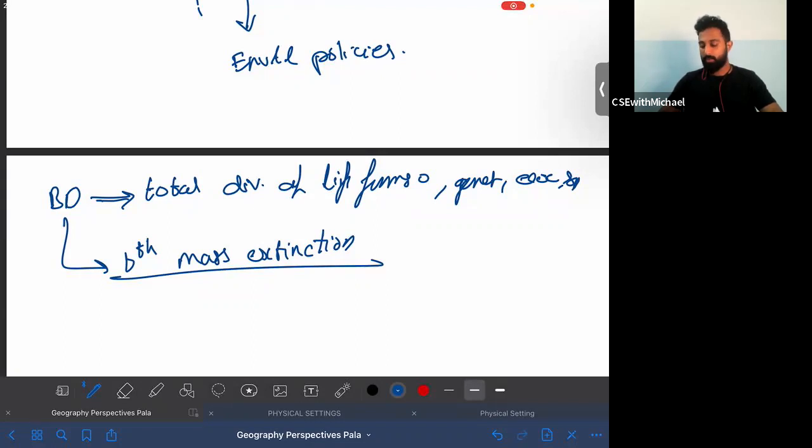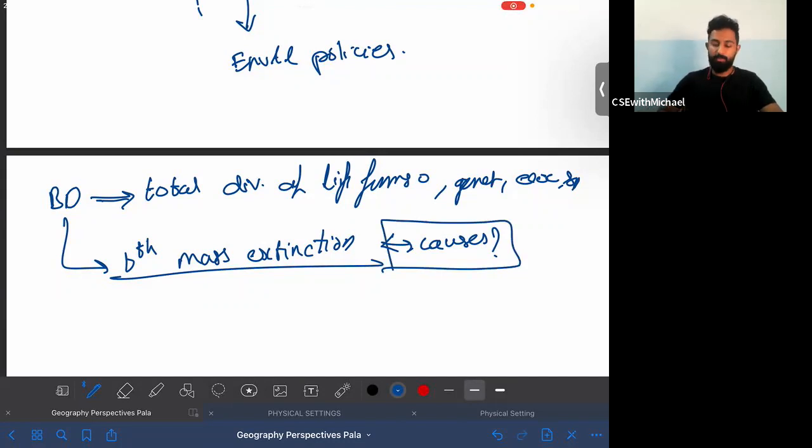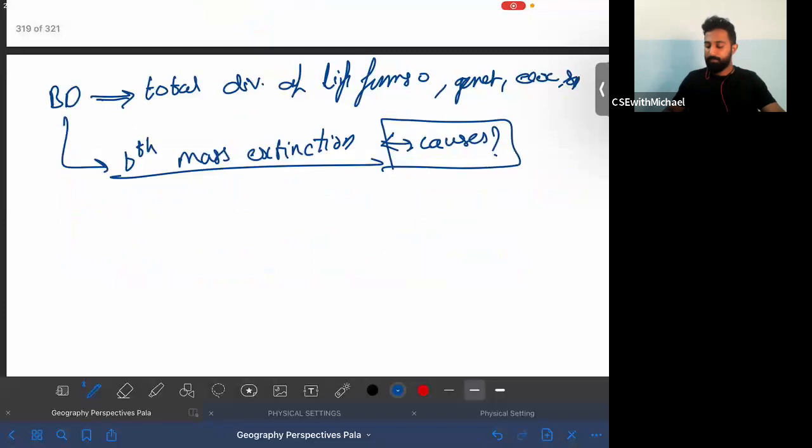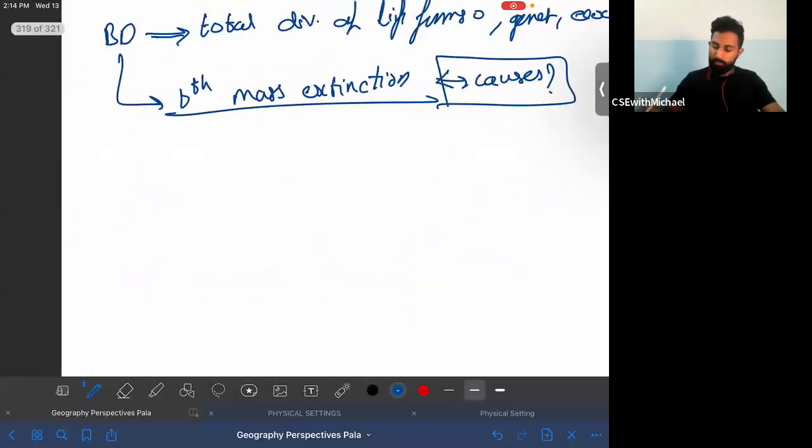So we are at the sixth stage of mass extinction. What are the causes that are leading to the sixth mass extinction? That is one thing we will be studying here. So different types of biodiversity, different ways of measuring biodiversity, the sixth mass extinction, and how we deal with that. These are the things we are going to discuss in a short session. So we'll write a few things about biodiversity first.